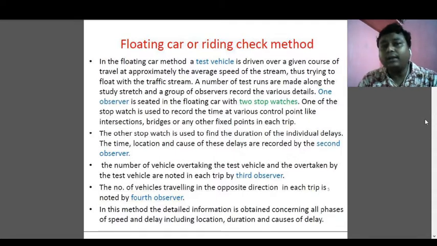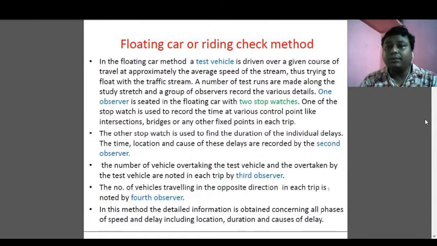In the floating car method, a test vehicle is driven over a given course of travel at approximately the average speed of the stream, thus trying to float with the traffic stream. The term floating stands for floating along the traffic in the direction in which we want to take the data.